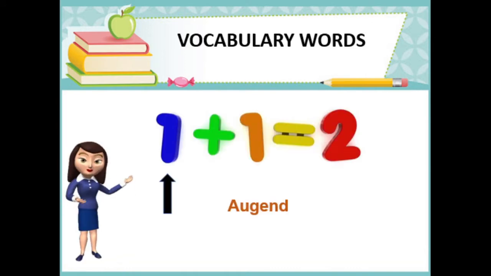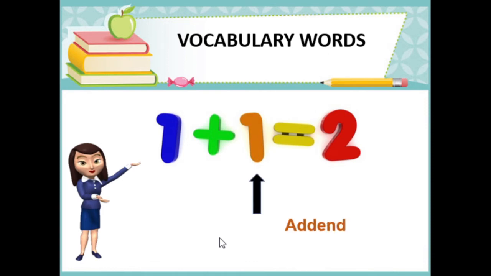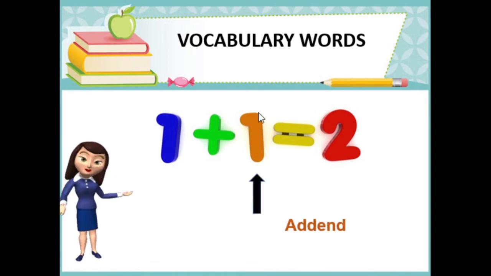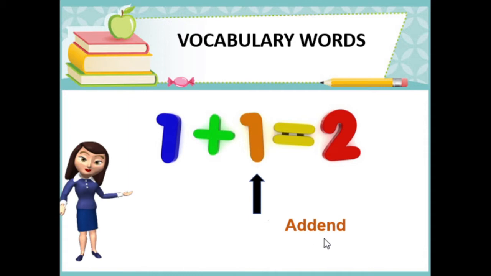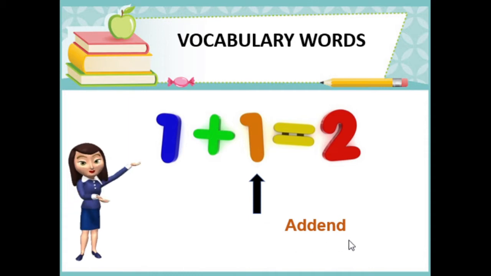Next, the parts of an addition process. Look at number 1, the colored number 1. It's called Augend. Say it again. Augend. Very good. How about the orange one? The orange colored one is our Addend. Addend.